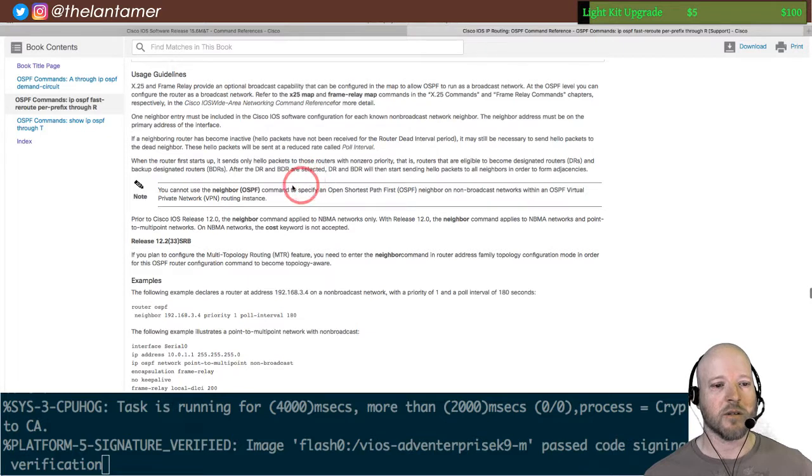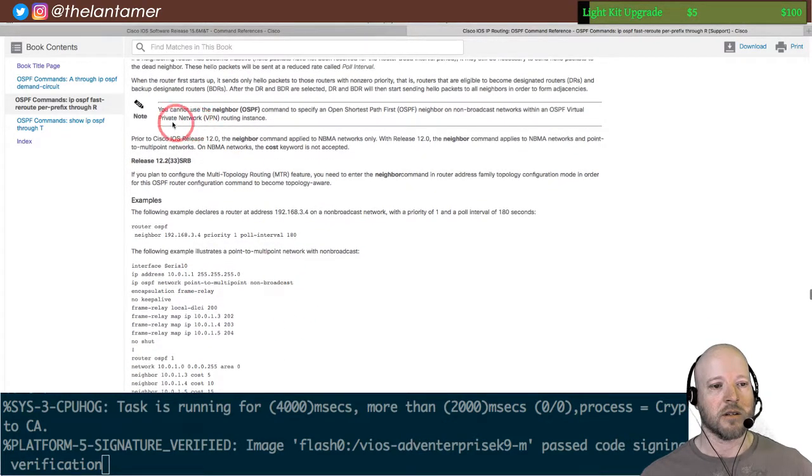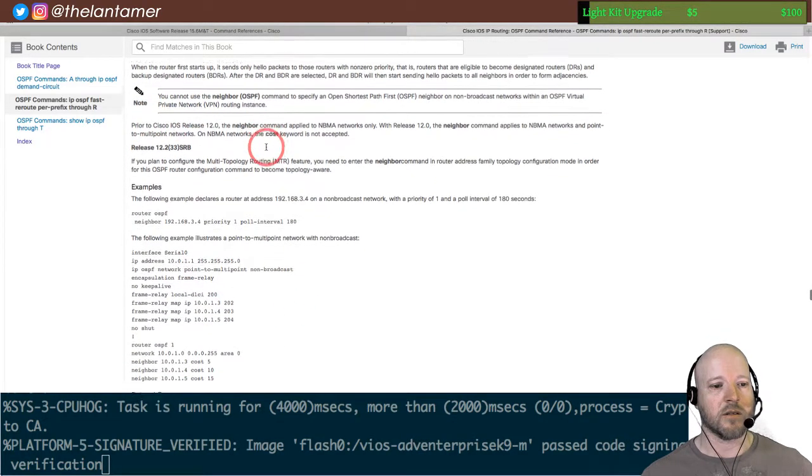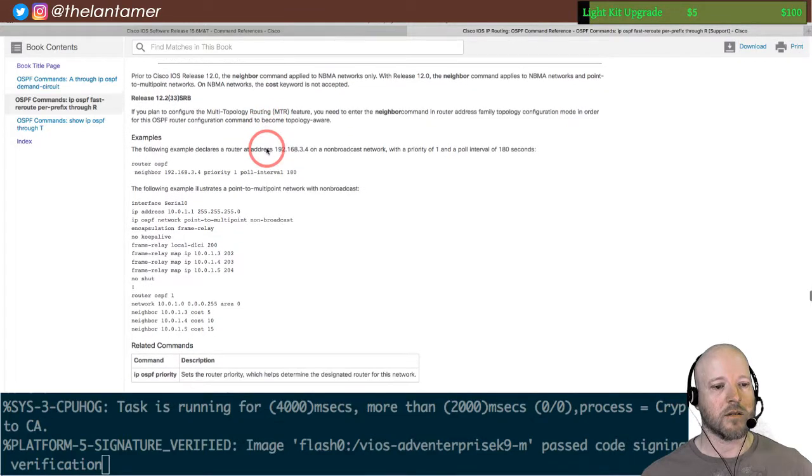I'm wondering though, you cannot use neighbor on a non-broadcast network within an OSPF virtual private network routing instance. Okay, I think we have to do point to multipoint, non-broadcast.